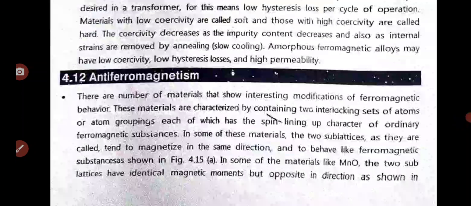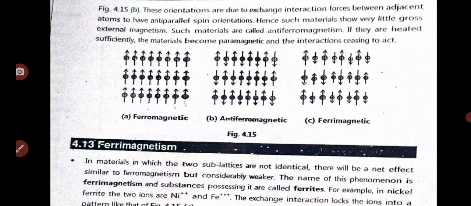The material contains two interlocking sets of atoms, or groupings of atoms, each with spins lining up, which is the character of an ordinary ferromagnetic substance. The spin direction is the up direction.